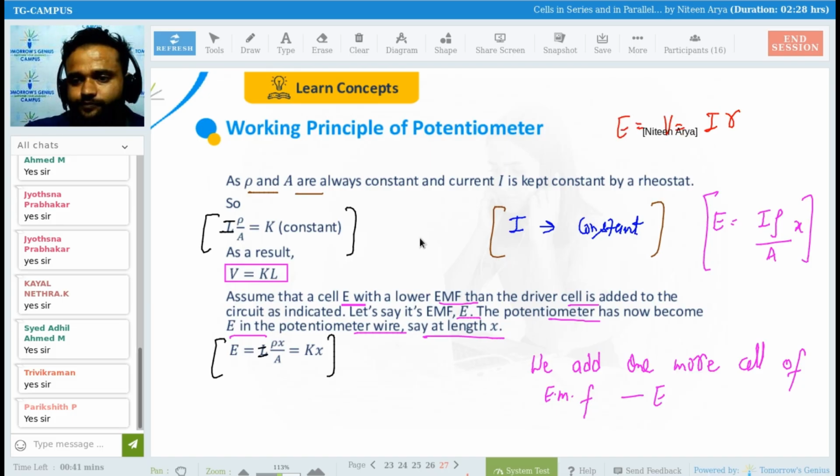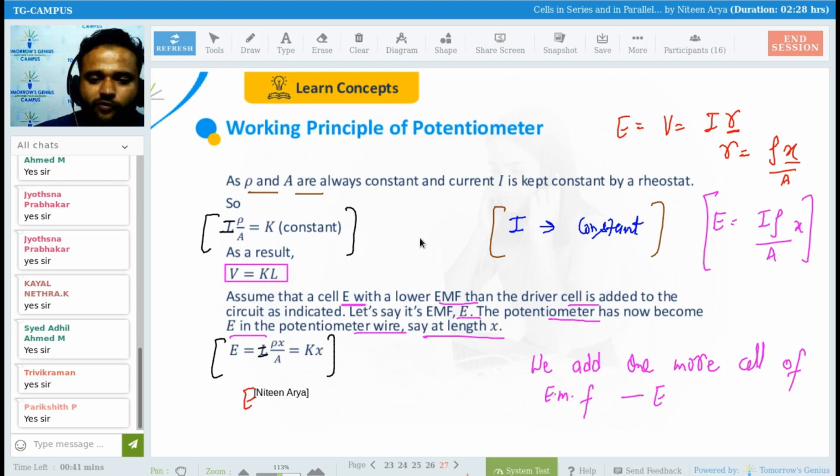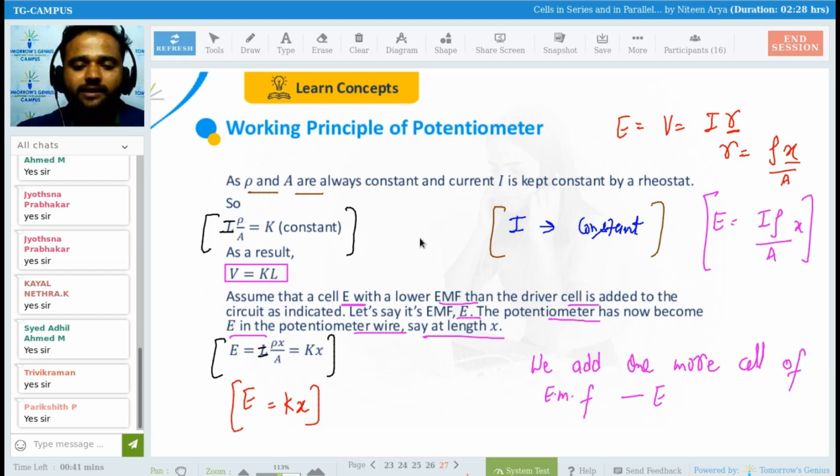Here V is the EMF E and small r is rho X by A, because the wire is the same, and for internal resistance we have internal length X. Clear? So again, using the same condition, I rho by A becomes constant. So the EMF of a cell is Kx. In the same way we have potential, which is Kl.